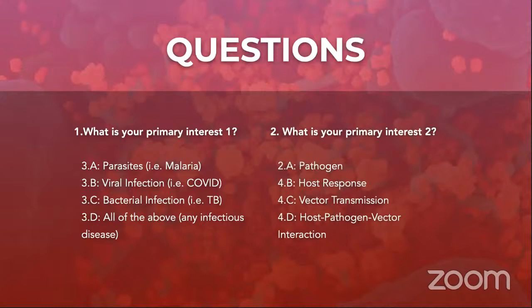The last question for today's session is, again, what is your primary interest in terms of what you are interested to apply bioinformatics to? And sorry, this should be 4A, pathogen, 4B, host response, 4C, vector transmission, and 4D, host pathogen vector interaction.